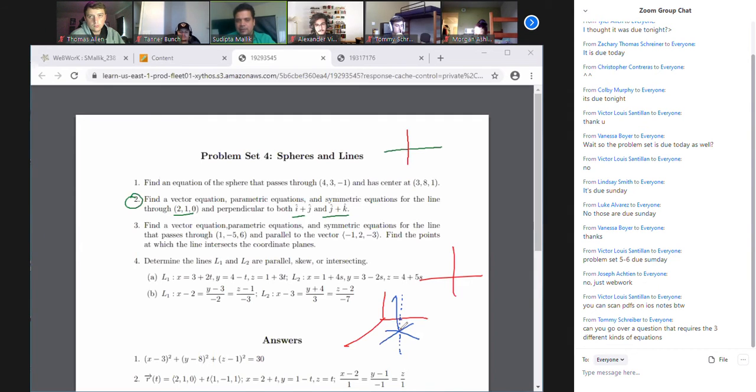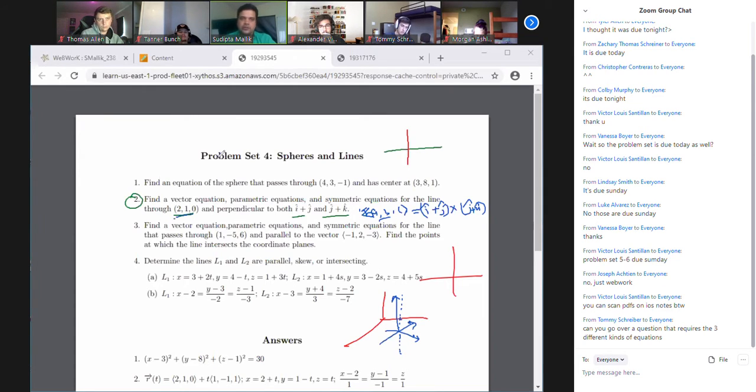You get that by the cross product of these two vectors, right? So the direction vector would be the cross product of these two vectors. And then find A, B, C. Now you have a point. So you have a direction vector and you have a point.